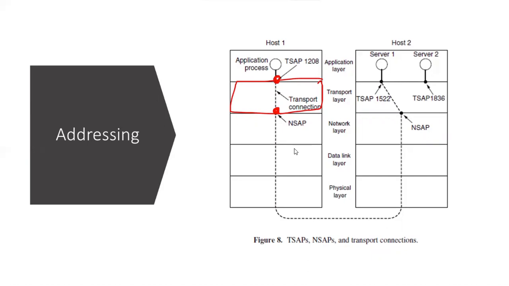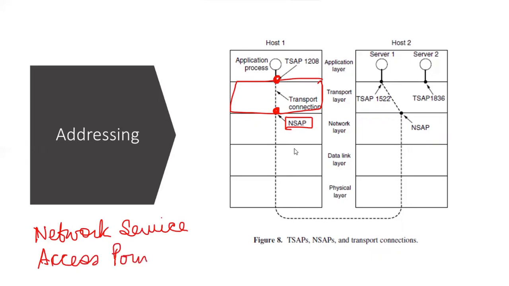In the case of the network layer, it is called NSAP, which stands for Network Service Access Point. In the case of the transport layer, it is called Transport Service Access Point, TSAP.